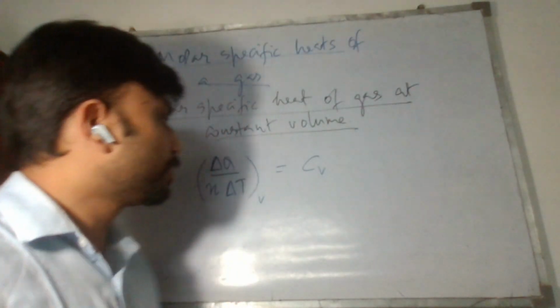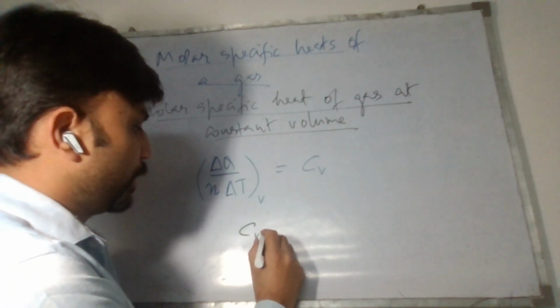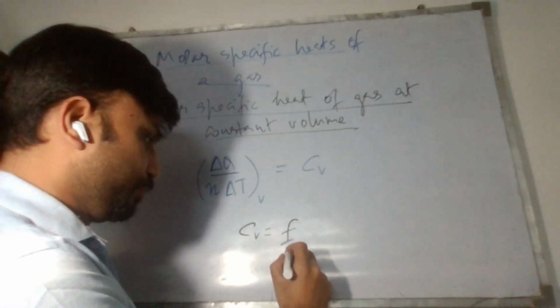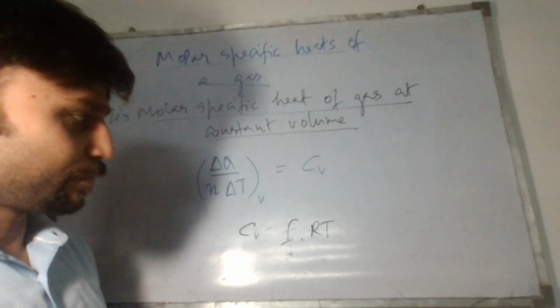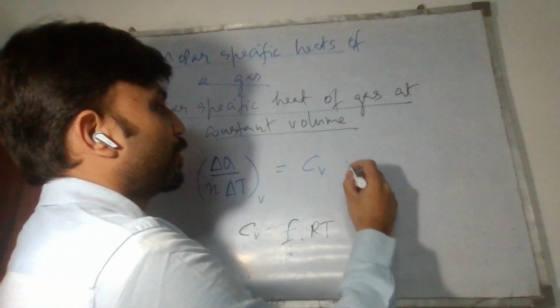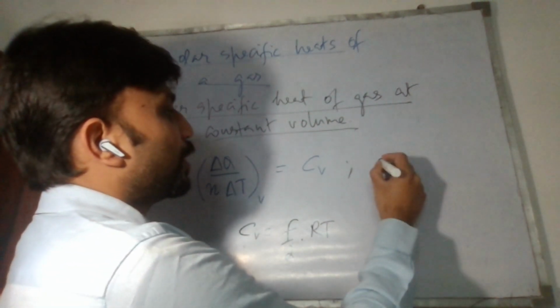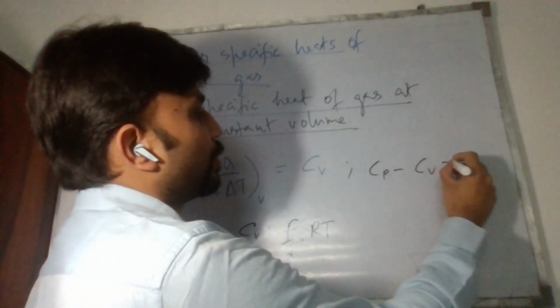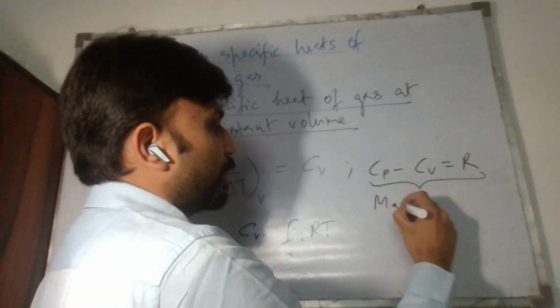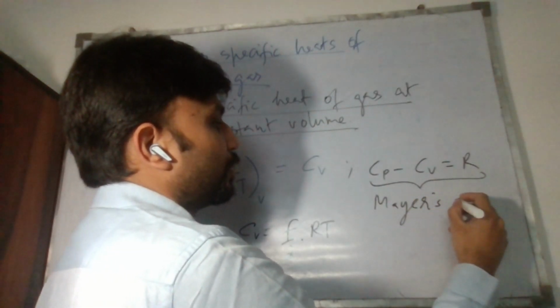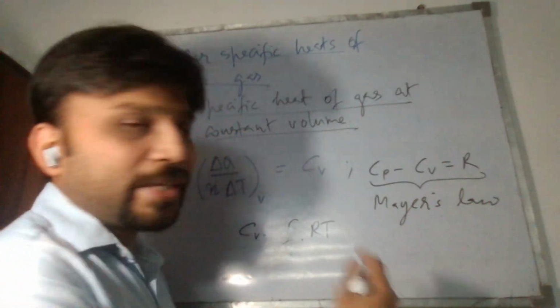Its value is F by 2 into R. We also have the relation that Cp minus Cv is equal to R. This is Mayer's law, or Mayer's relation.